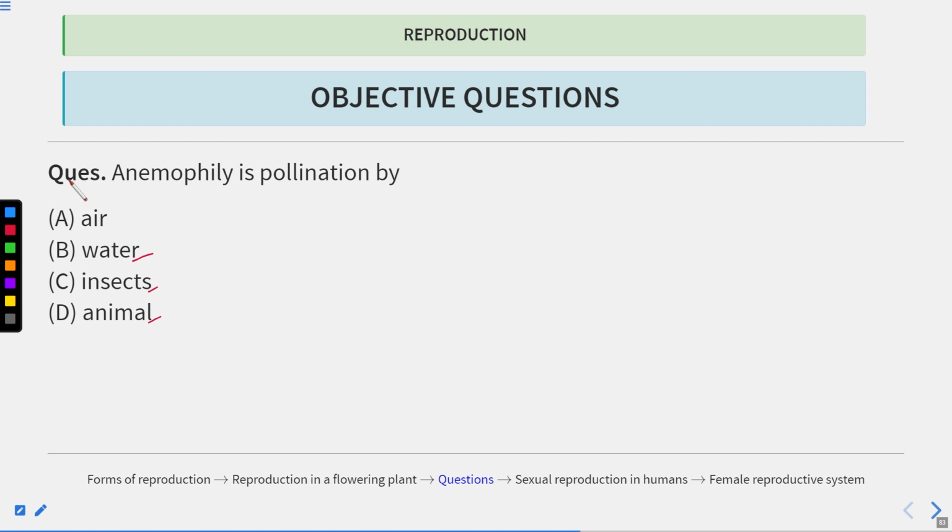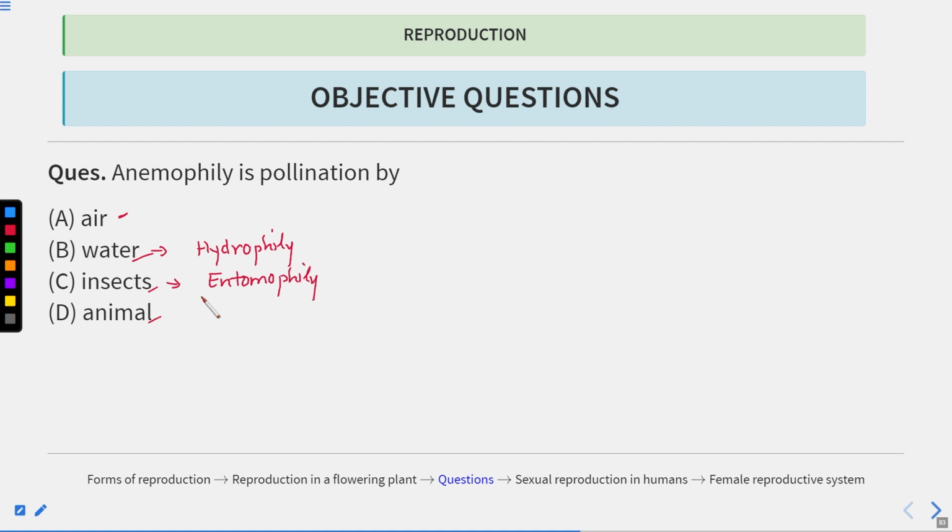First, pollination by air is known as anemophily. Then pollination by water is known as hydrophily, which means water is the carrier of the pollen grains. Pollination by insects is known as entomophily.